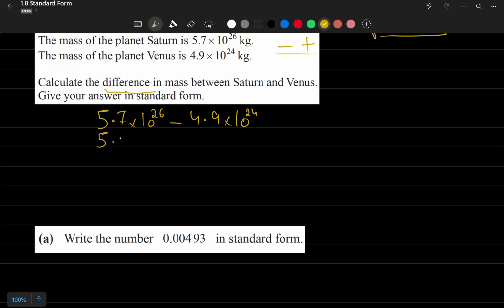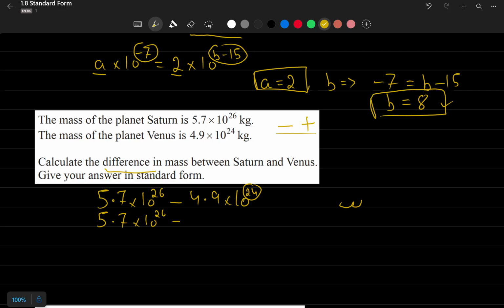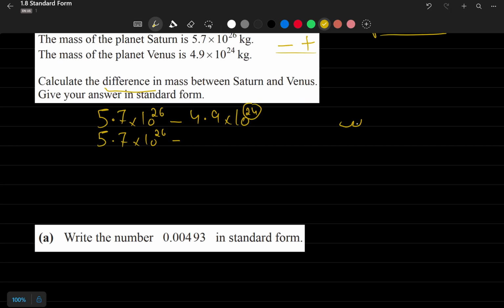So 5.7 into 10 raised to power 26 minus, now to convert this power 24 same as the power 26, we move 2 units of the decimal towards the left. As we earlier studied that moving towards left adds 1 in the power, so move 2 times, you add 2 to the power.